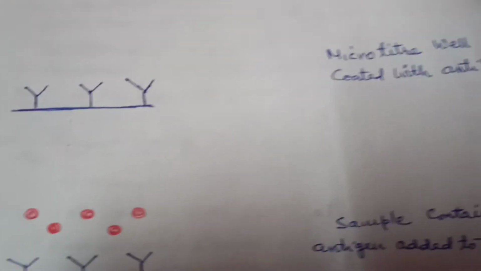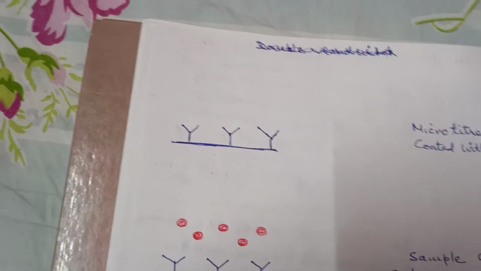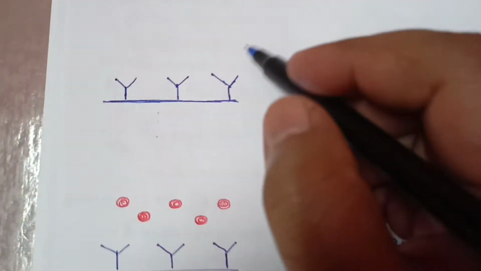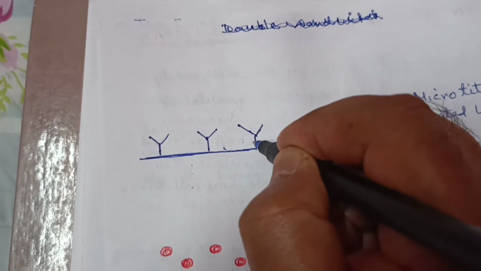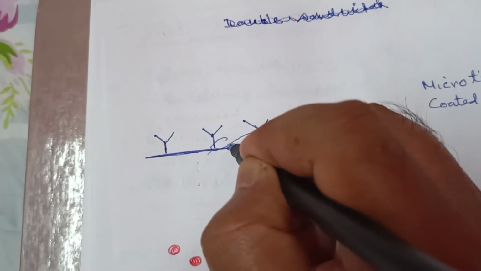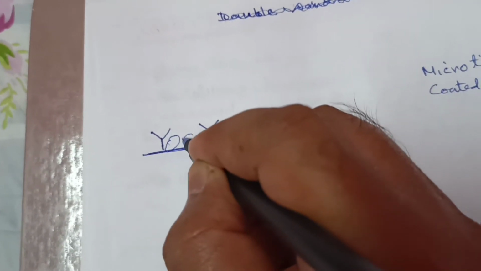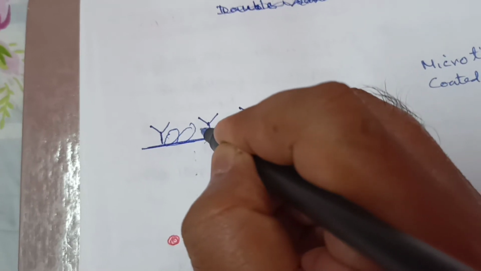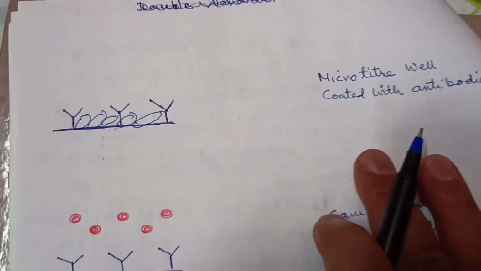In the next step, we will use the blocker as well. We have already discussed that these are the blockers of the surface, maybe bovine serum albumin or casein.